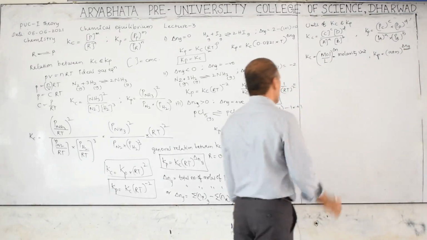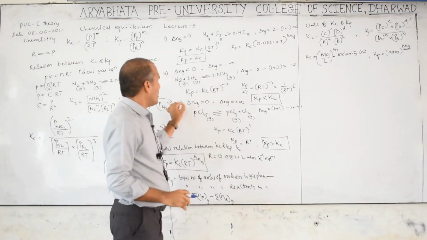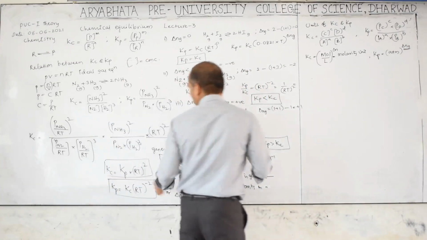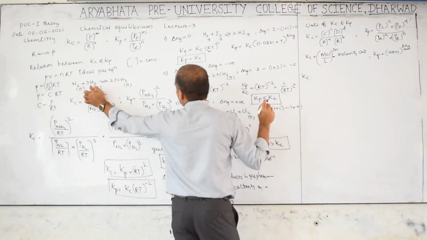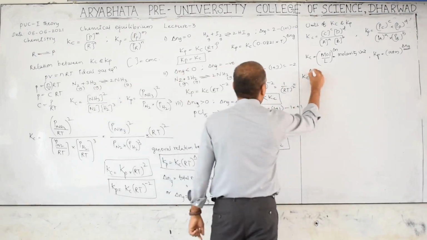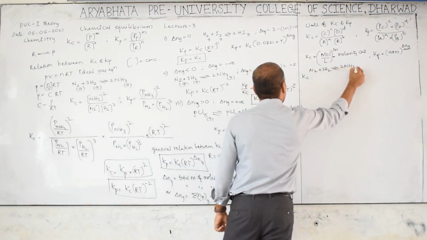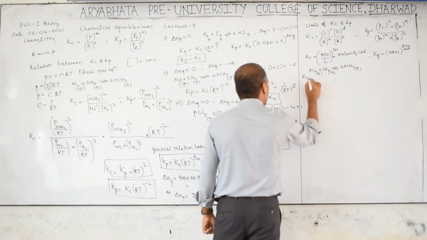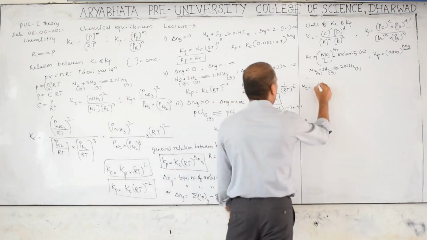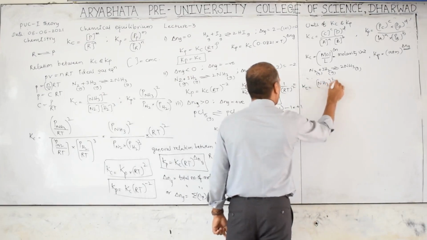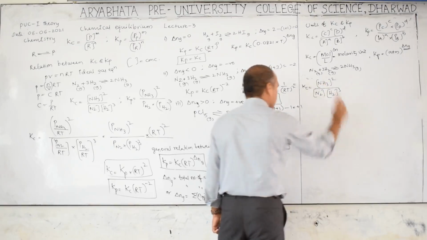Clear? Now I want to use any one of the equations. In this equation, N2 plus 3H2 gives rise to 2NH3 gas, we already know Kc: NH3 whole power 2 over N2 and H2 whole power 3.